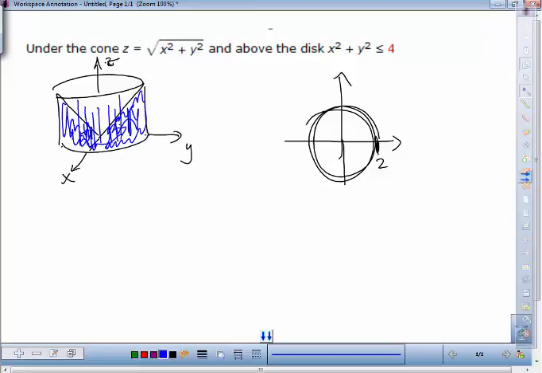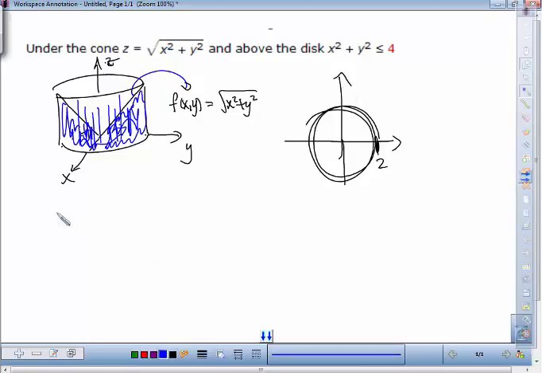So we can establish our f function, f of x, y is equal to the z is equal to whatever that is. And then we can imagine that this is going to be our integrand.